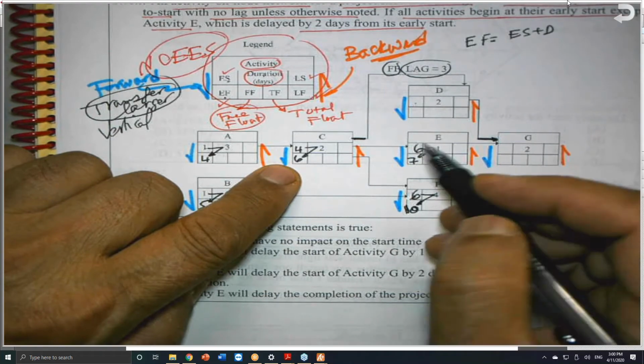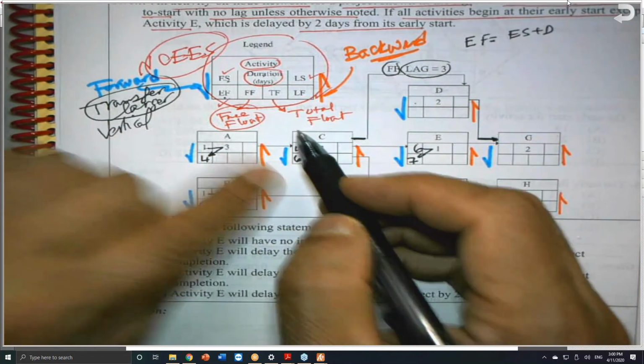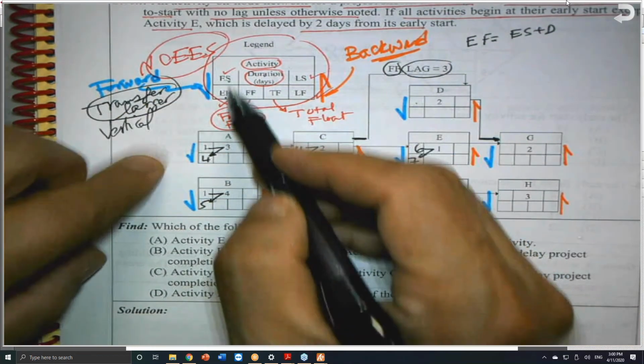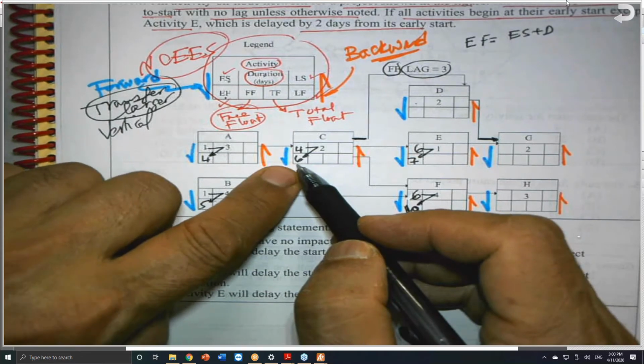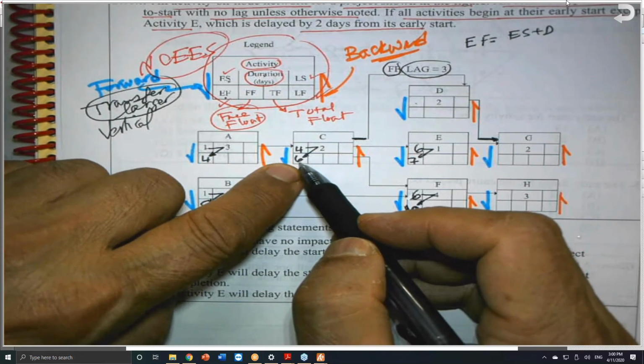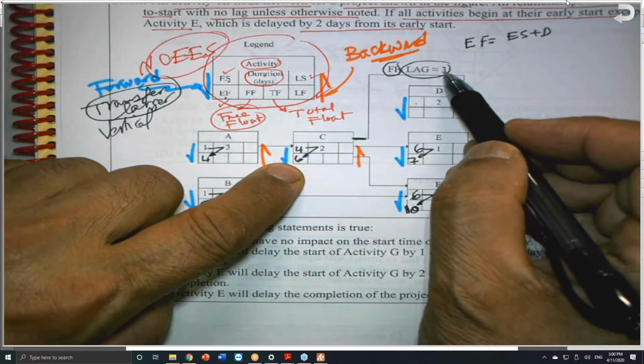But this is finish to finish. This is early start, and this is early finish. The early finish for this is 6. But there is a 3 days lag between them.